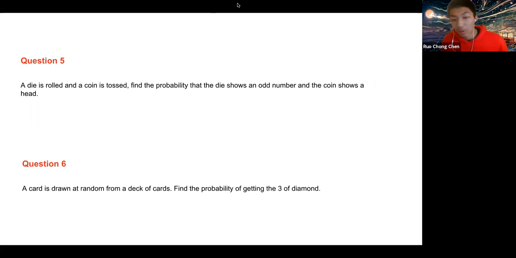A normal die has 6 faces, and we are being asked about 1, 3, 5, three digits. So 3/6 is 1/2, and 1/2 times 1/2 is 1/4. It's a quarter. So a quarter is the probability that the die shows an odd number and the coin shows a head.